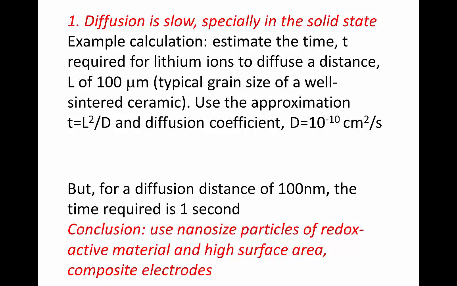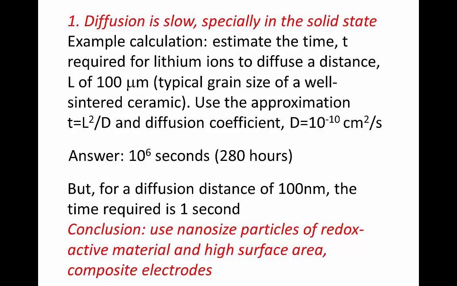So if we do a calculation for a diffusion distance of 100 microns, which is the typical size of a grain in a well-sintered ceramic, and using the equation for the time to travel that distance, the equation is given here, t, time, is L squared over D. Then simply substituting L and D into that equation, we get an answer of 10^6 seconds, or 280 hours.